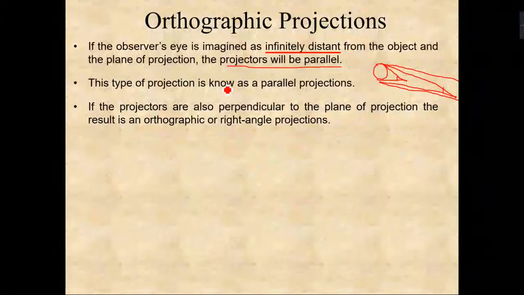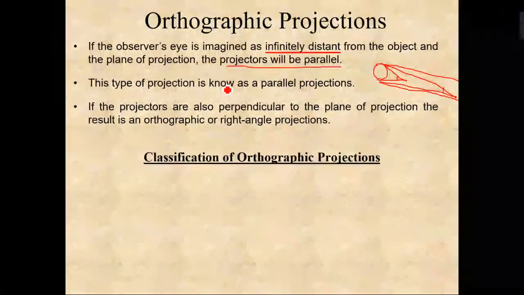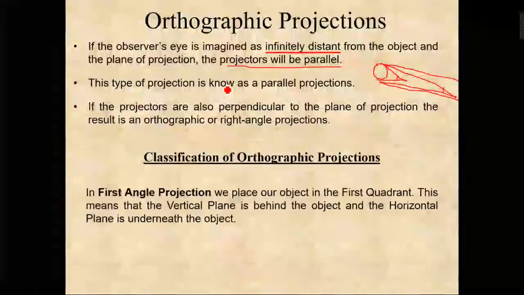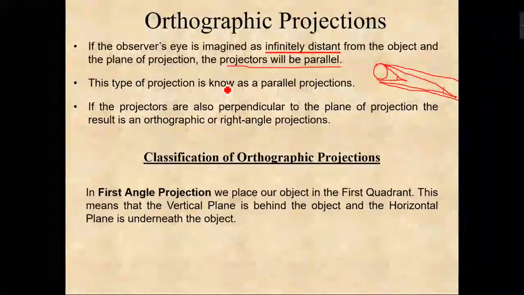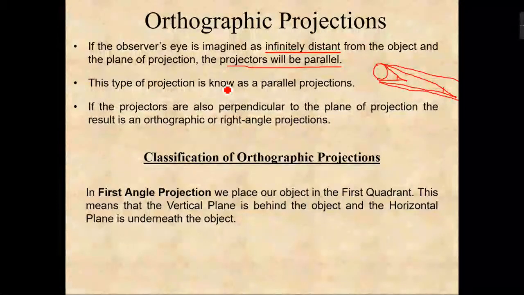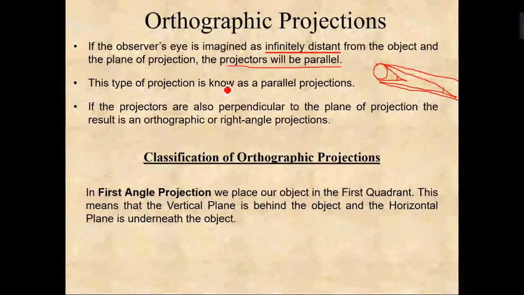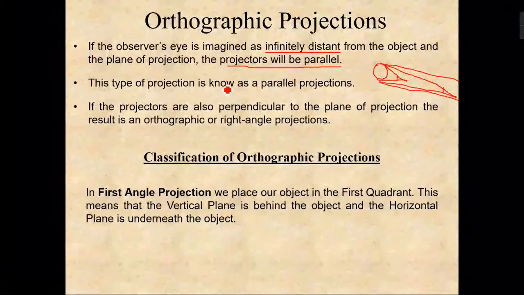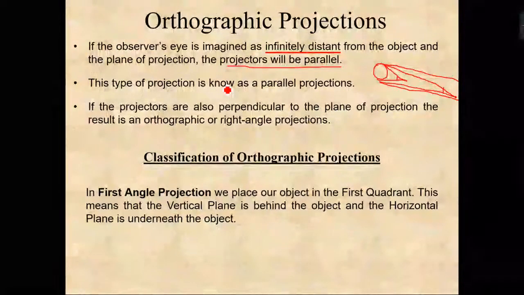Classification of orthographic projection. There are basically two types of orthography that we follow. The first one is the first angle projection and the second one is the third angle projection. In a first angle projection, we place our object in the first quadrant. This means that the vertical plane is behind the object and the horizontal plane is underneath the object, as we have seen in the previous diagram also.